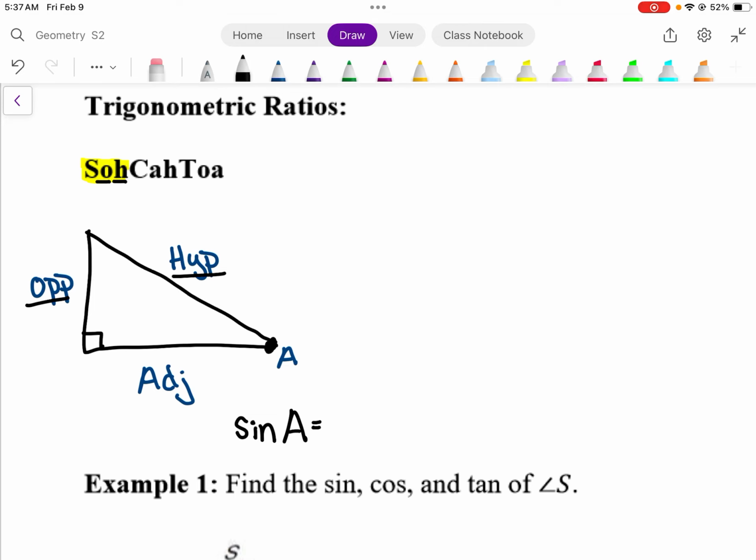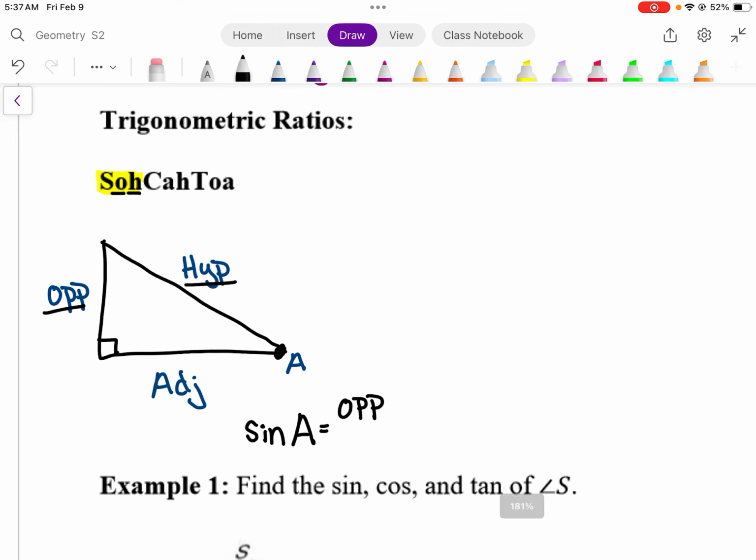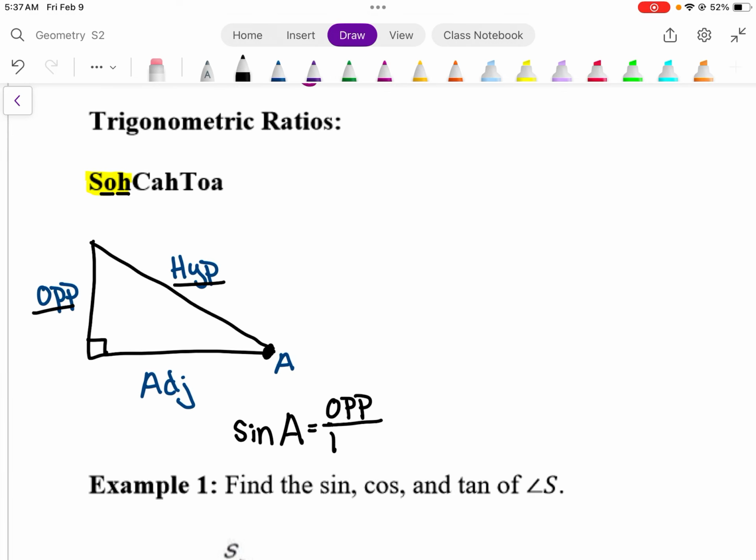And ratios mean fractions, so we're going to set it up as a fraction. So sine of angle A is equal to the opposite side over the hypotenuse. So we are normally going to be using these ratios to find missing side lengths or just to set up ratios. And we're going to go over examples of what that looks like. But this is how you would set up your sine function.